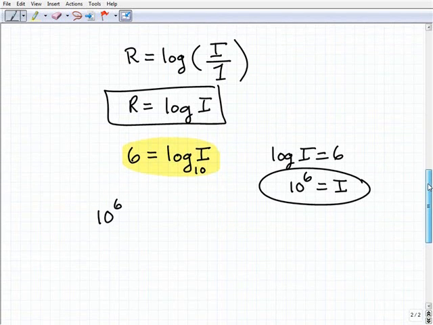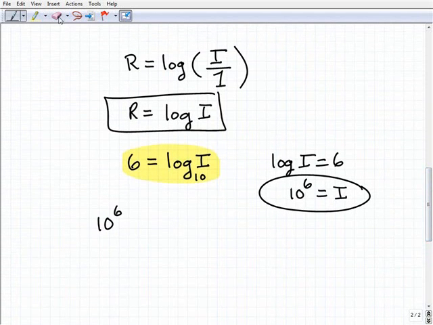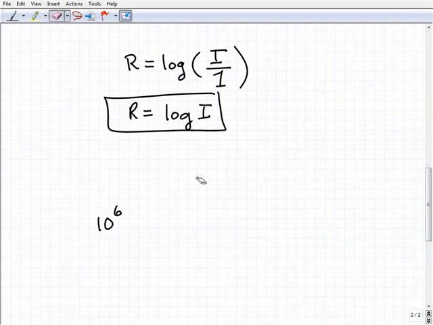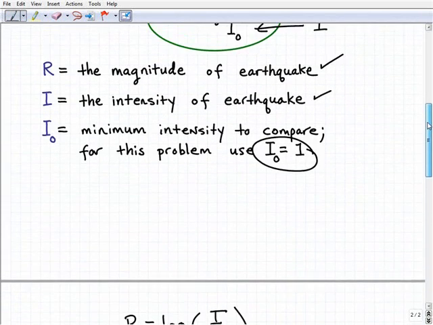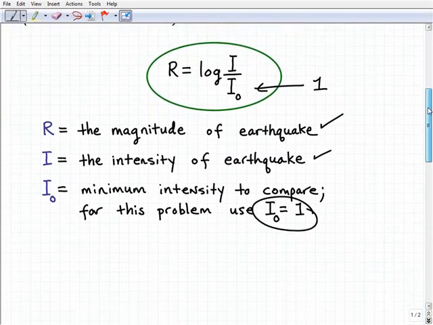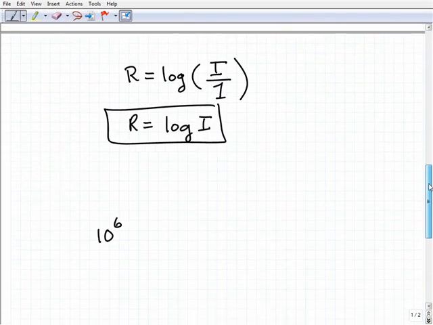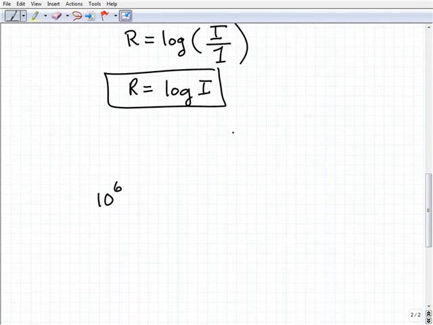Let's do the same thing now. I'm going to erase this here. Let's do the exact same thing, but now let's figure out the intensity of the 4.5 magnitude earthquake. See if you can do that. Write it this way: log I equals 4.5.